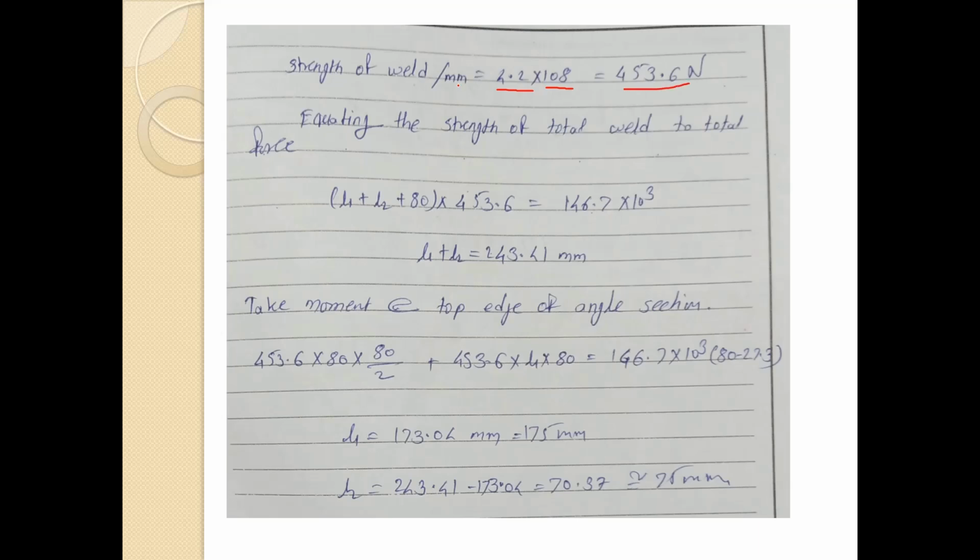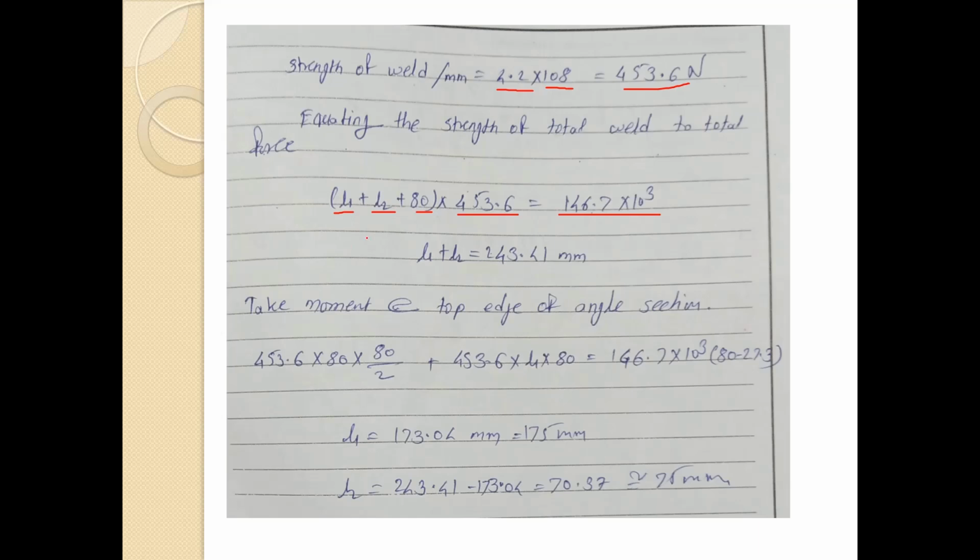Remember, this is the strength of the weld per mm. So equating the strength of the total weld to the total force, we are having the total length, that is L1 plus L2 plus 80, into strength per mm equals 146.7, which we have calculated earlier.